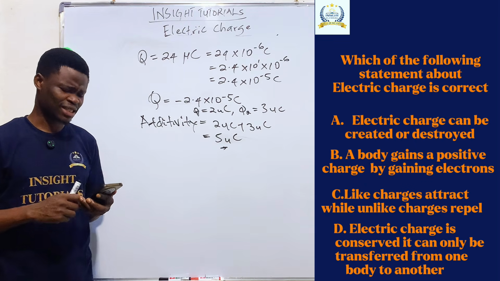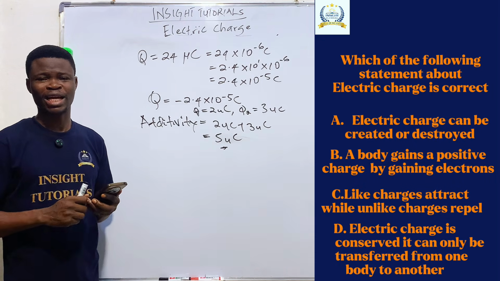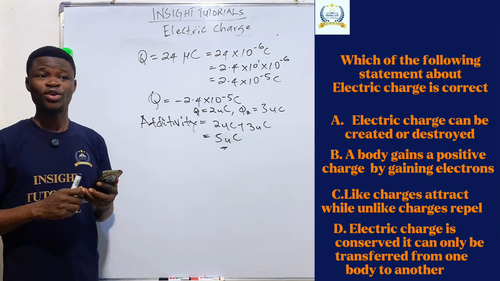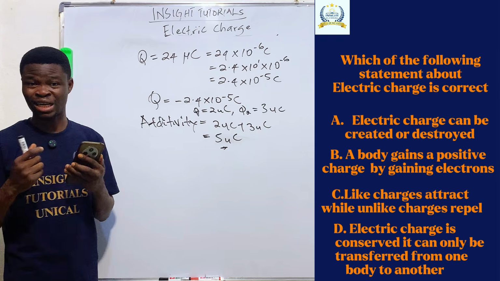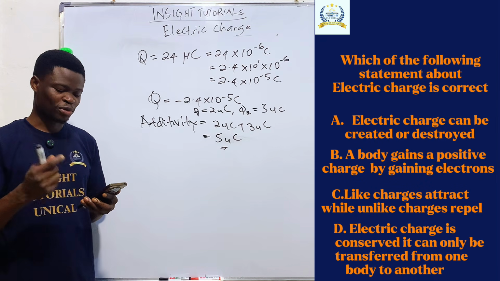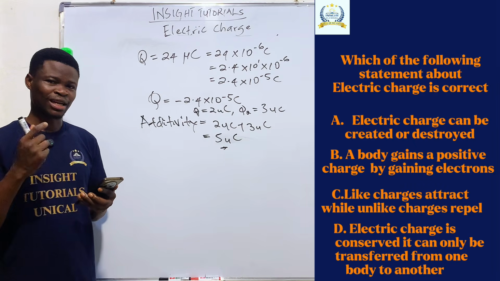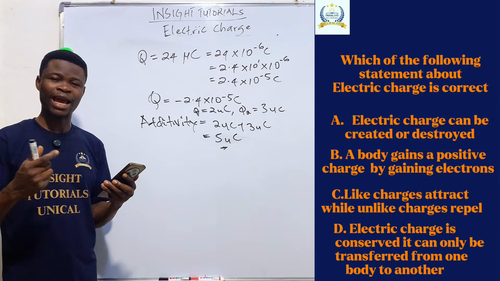The first option says that electric charge can be created or destroyed. That does not agree with one of the key properties of electric charge, which states that electric charge can neither be destroyed nor created. It can only be transferred from one body to another, right? The second option says that a body gains a positive charge by gaining electrons.